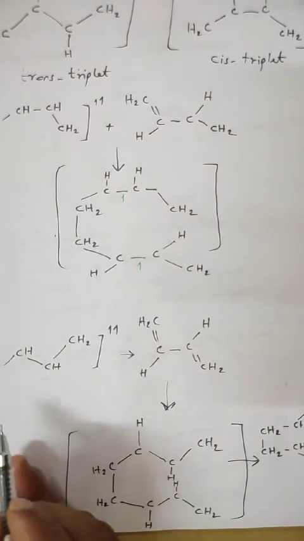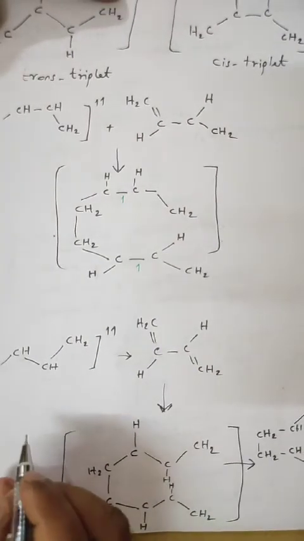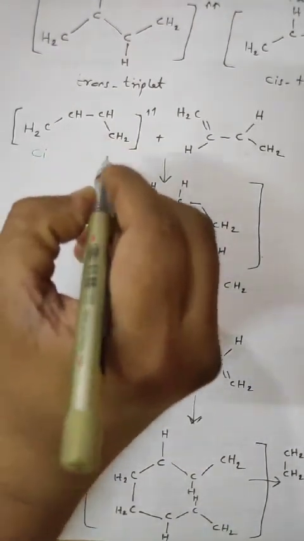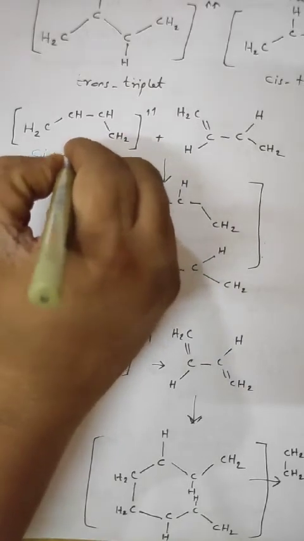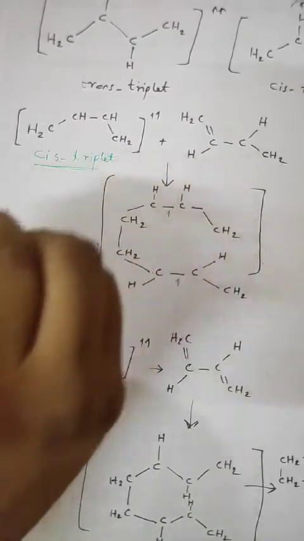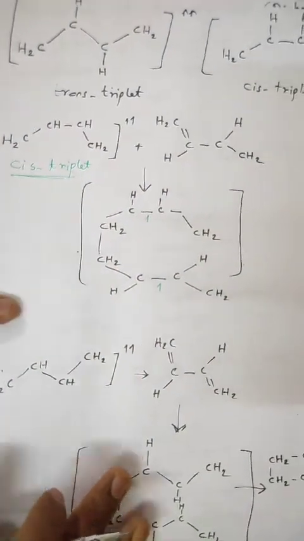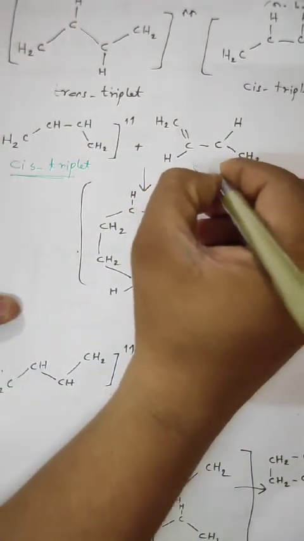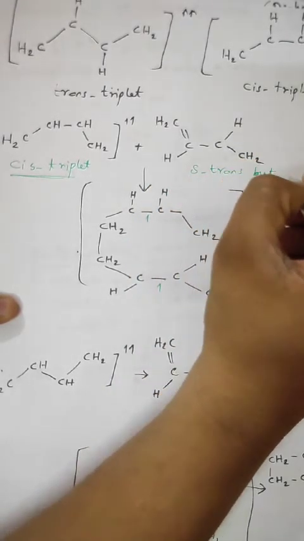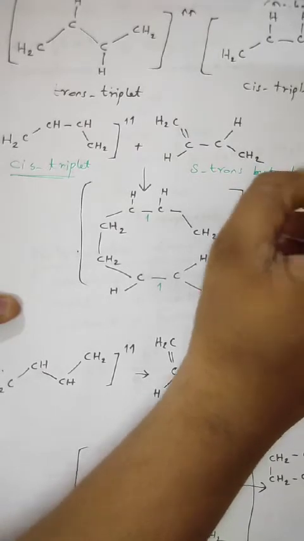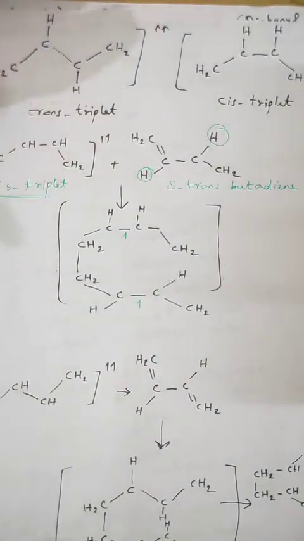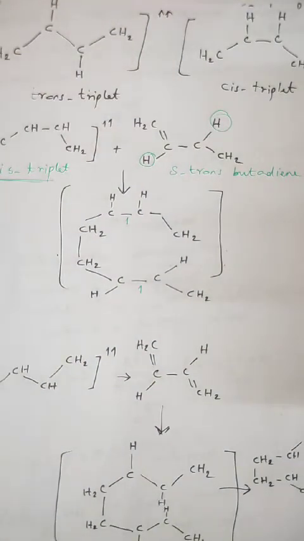Now this one is the cis triplet. Okay, this is cis triplet. This one is singlet s-trans butadiene. Okay, hydrogen. So this is the trans butadiene.